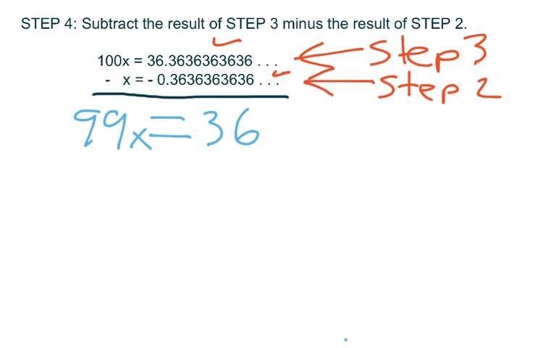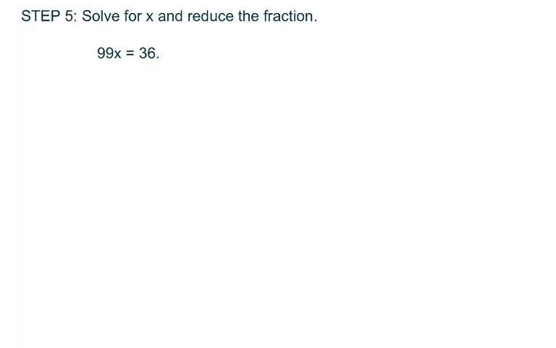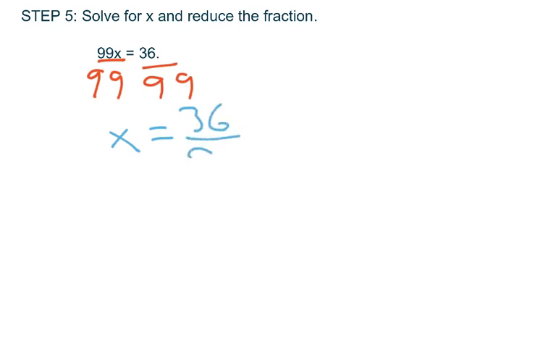Let's see what step 5 is. Solve for x. So we now have the equation 99x equals 36. We know from doing other things that it's always legal to divide both sides of an equation by the same number. So we would have x is equal to 36 over 99. Notice that that is basically a fraction. And that's what we wanted.